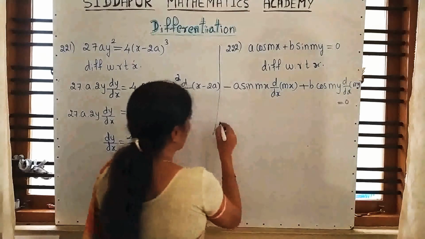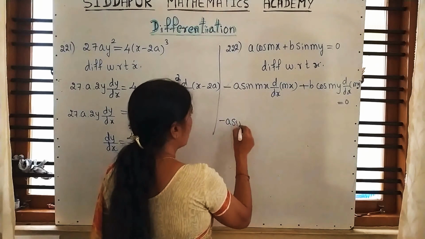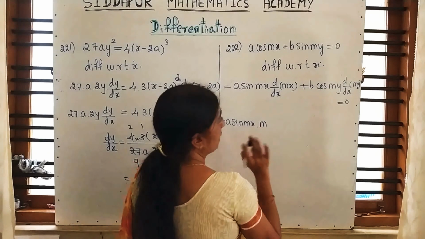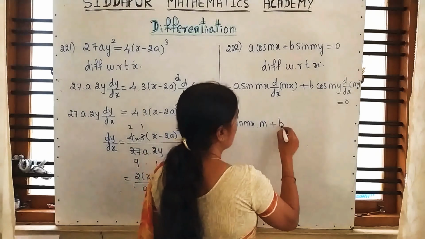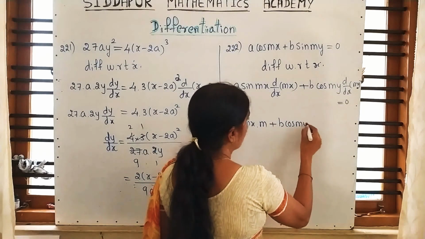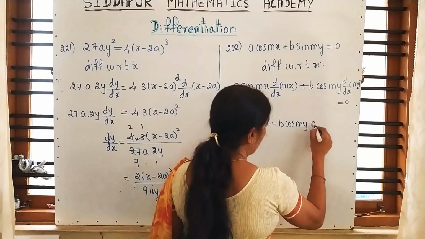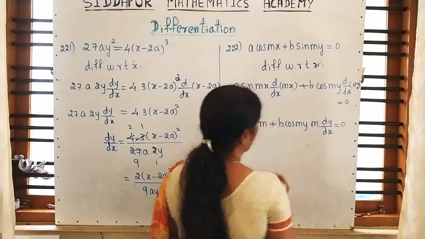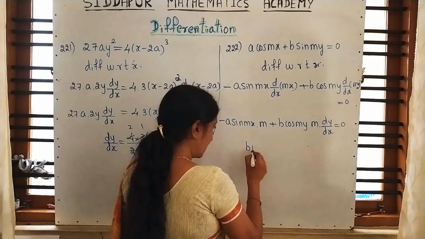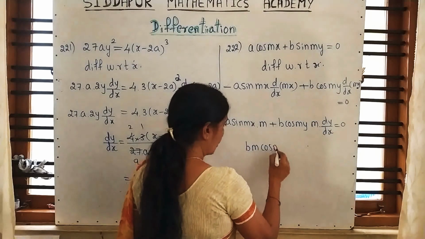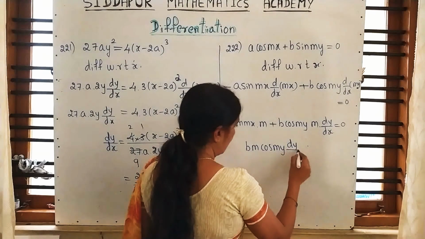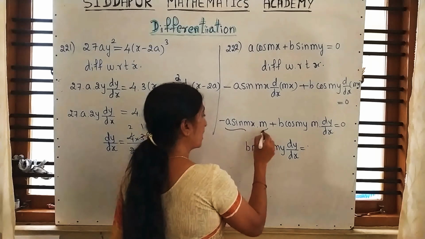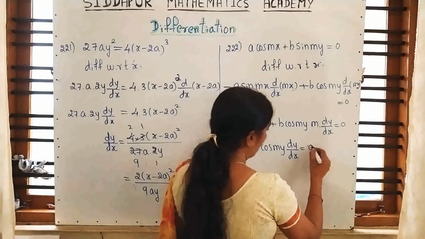to 0. Here minus sin mx, differentiation of mx, m constant, x is 1, plus b cos my, differentiation of m constant, y is dy upon dx is equal to 0. I kept b into m cos my dy upon dx on the left side as it is, taking this term on the right side, that minus changes to plus.